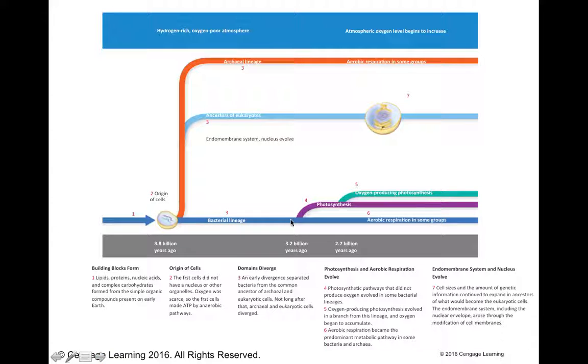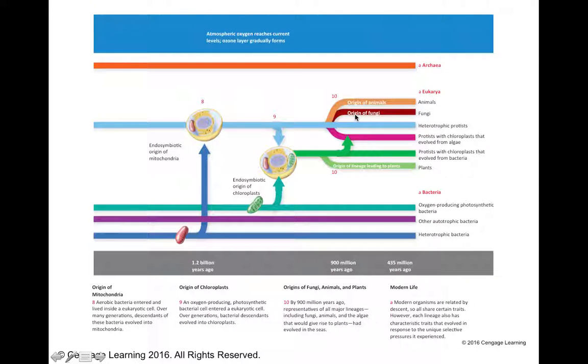Some cells keep on being bacteria, some cells become archaea, some cells become what's eventually going to be the eukaryote. Some of these cells are going to get that mitochondria and become an animal cell. Some cells will get a chloroplast and become a plant cell. Some of them will just continue cruising on being marine bacteria.